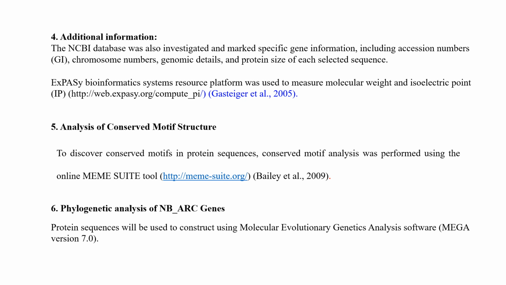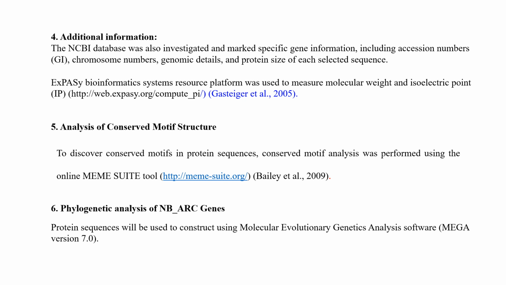The fifth step is analysis of the conserved motif structure. For that purpose, we use an online tool called MEME Suite. For the MEME Suite, we use the protein sequences to find the conserved motifs of each sequence that we selected. From the full genome, you might get 100, 200, 150 sequences, and sometimes duplicate sequences are also available.